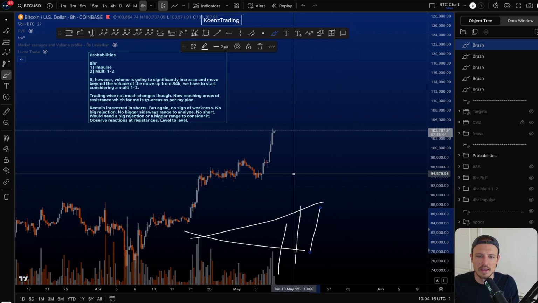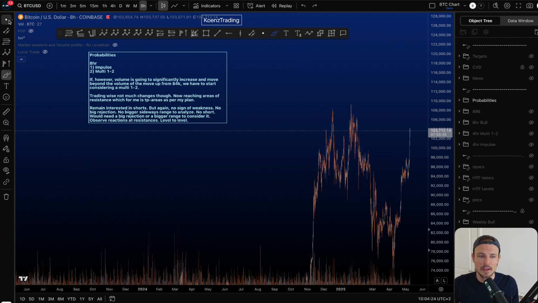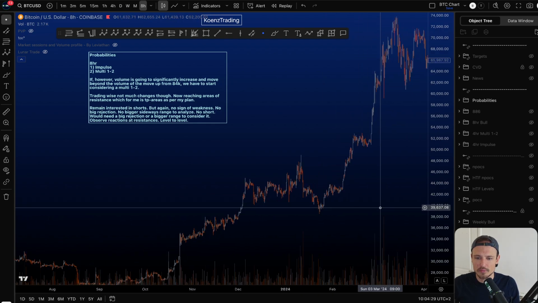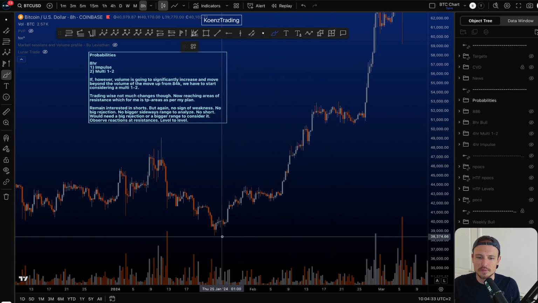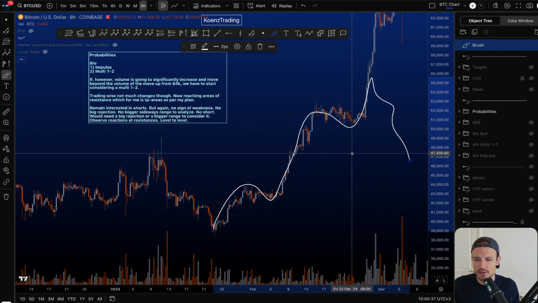Volume increasing, then we have to start considering a multi-1-2, just like we did from the movement of price from 39K to 73K. If you remember the analysis back in the day, then from an Elliott Wave point of view, the first thing as price is forming, you would first count this as a wave 1, 2, 3, 4. You look for a 5 and a retracement.